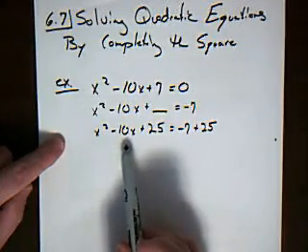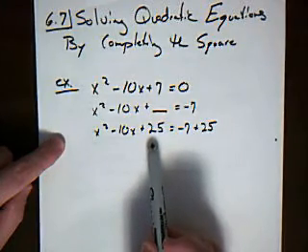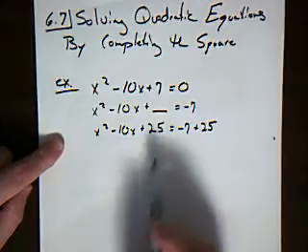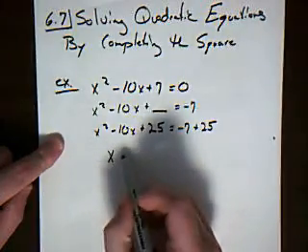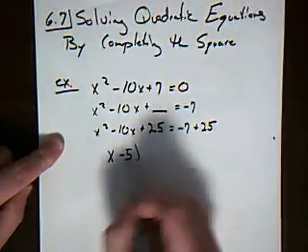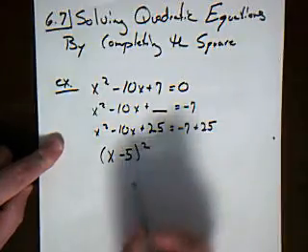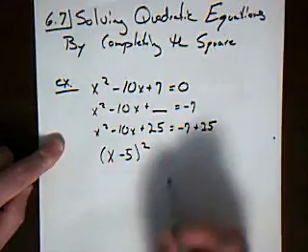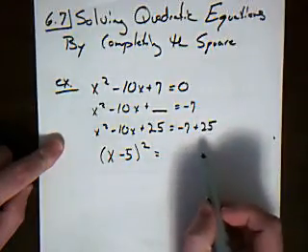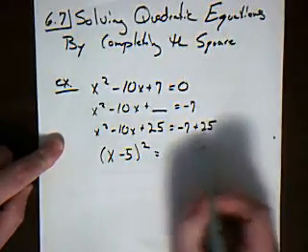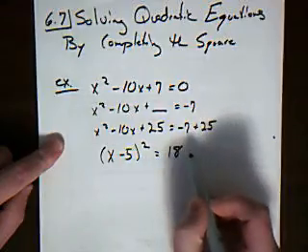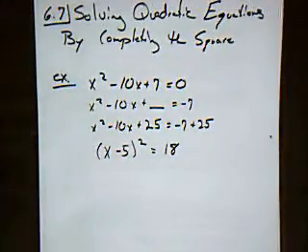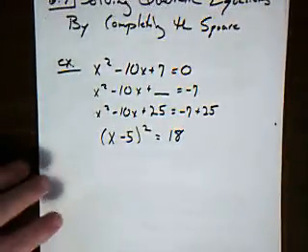We picked that to be the case. By adding this 25 here, we're telling it that it's going to be a binomial squared. So we're going to have x minus 5 squared. If you're ever feeling uncertain about this, you can always FOIL this out to check that what you're doing is correct. And here we're just going to combine like terms so that we end up with 18.